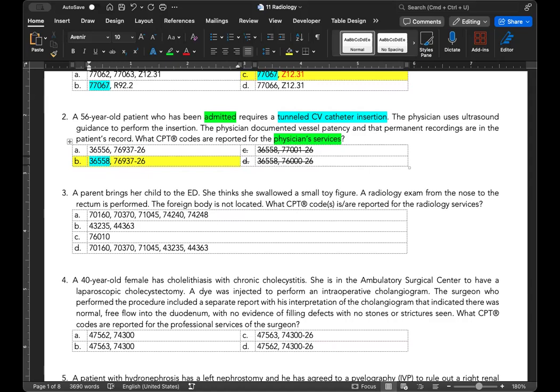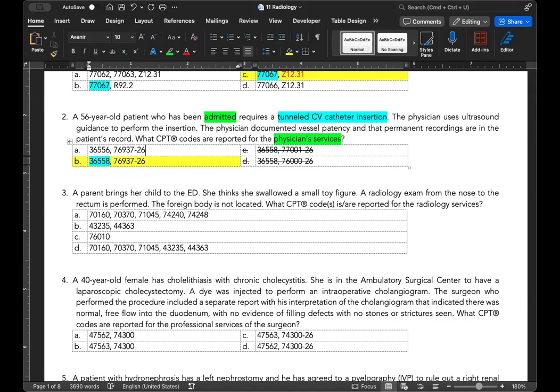So we'll go to x-ray in the alphabetic index. Underneath x-ray, what portion of the body did we do the x-ray on? Well, it wasn't necessarily a total body, right? Because they didn't do the whole body.